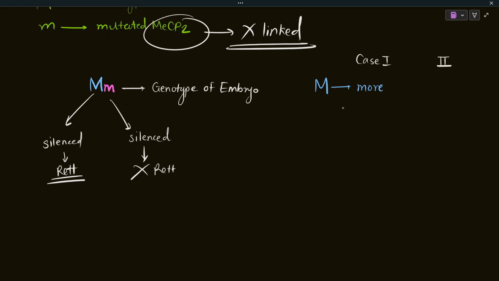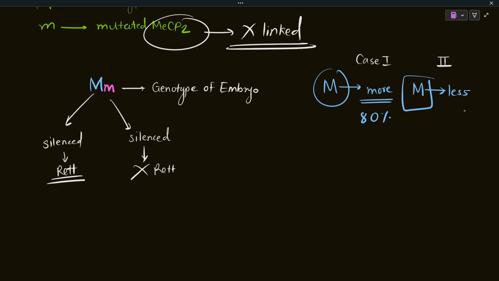In the first case, the probability of silencing of the paternal copy is more, and in the second case, the silencing of the paternal copy is less. Let's assume the probability that this gets silenced is higher, say 80%, and the probability of the paternal copy being silenced in the second case is less.